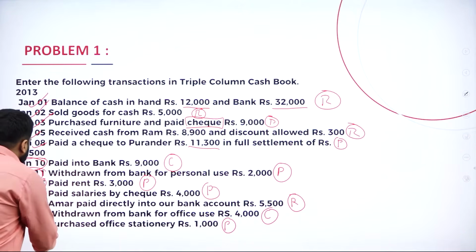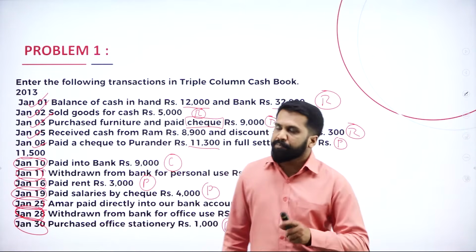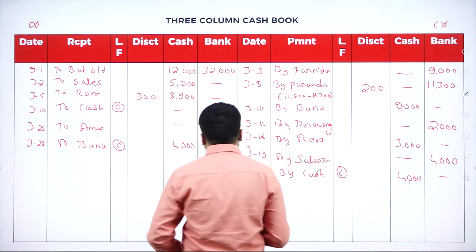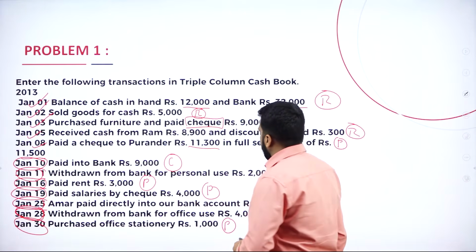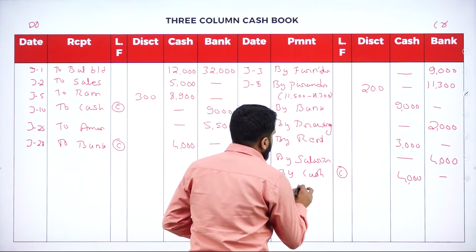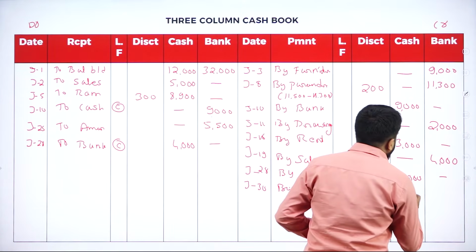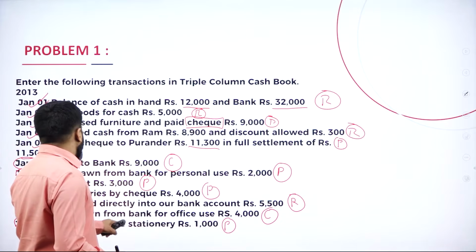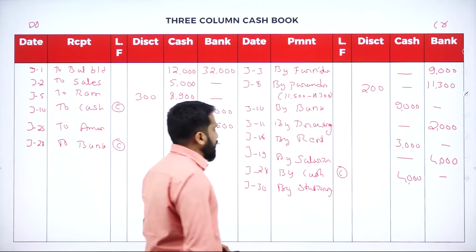The last is purchased office stationery for 1,000. Now again I'll go back to this. Purchase means payment. It will be January. What is the date? The date is 30th. It is 1,000, by stationery, 1,000. So is it paid by cash or check? We'll check that. It is not mentioned check or bank. So it must be what? Cash only. 1,000.